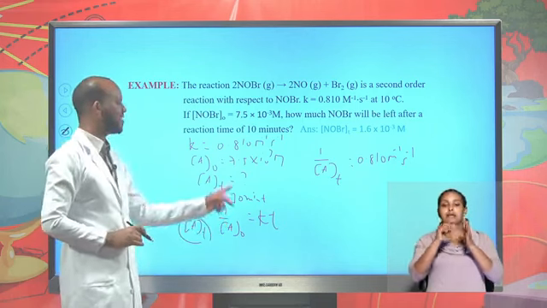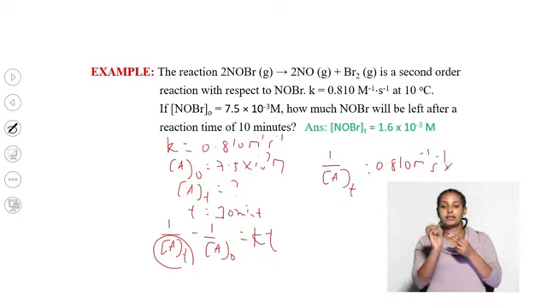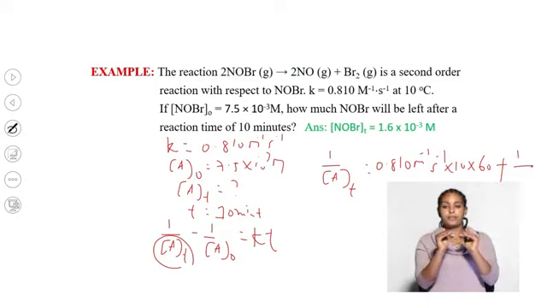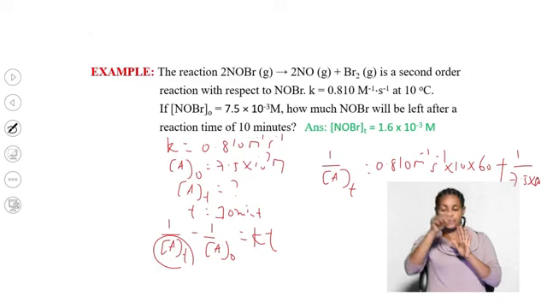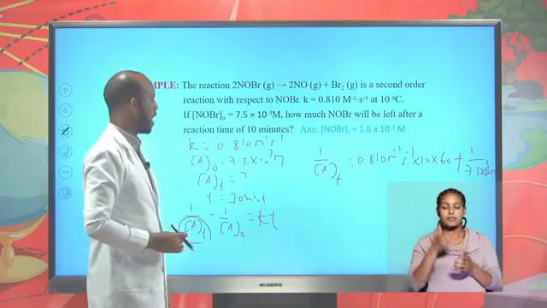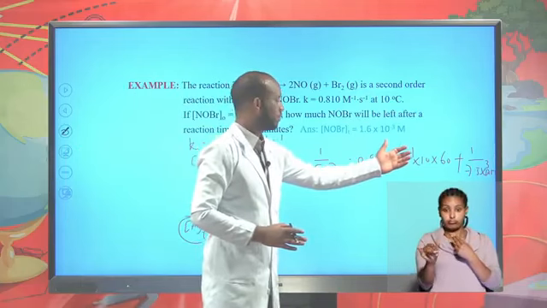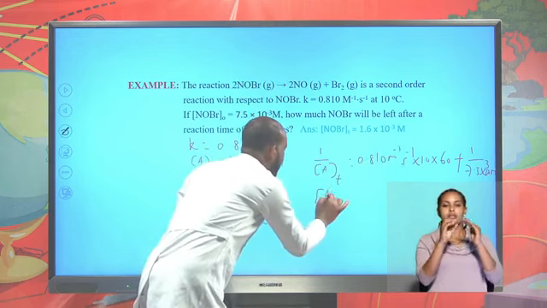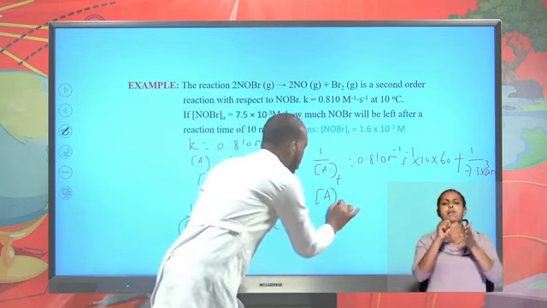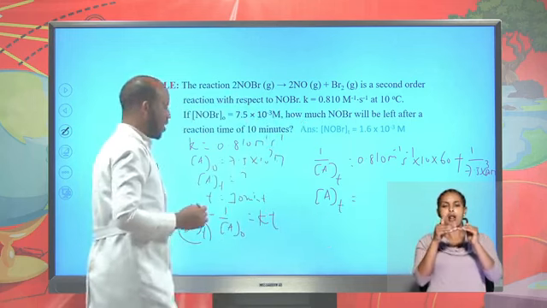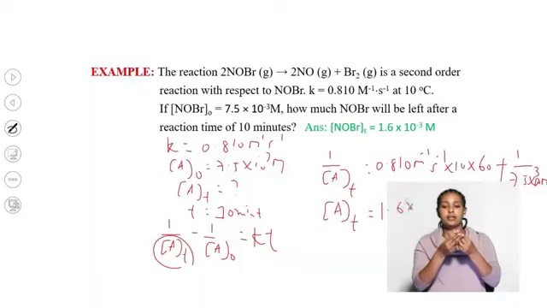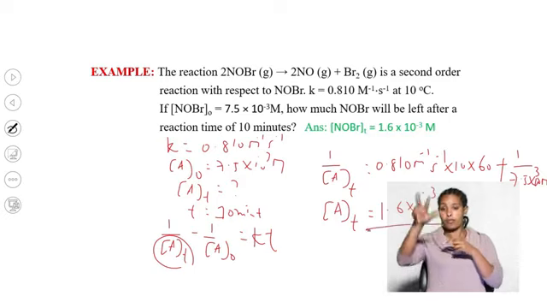Therefore, 10 minutes is 10 times 60 seconds, plus 1 over the initial concentration. 1 over the initial concentration of NOBr is 1 over 7.5 times 10 to the power of minus 3 molar. Now multiplying this, we get the concentration of M after 10 minutes equals 1.6 times 10 to the power of minus 3 molar.